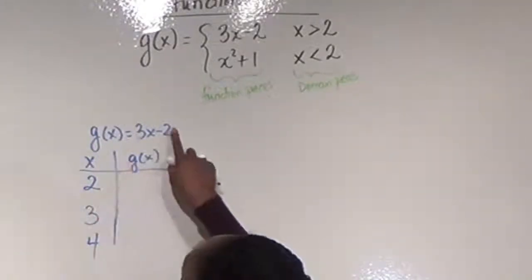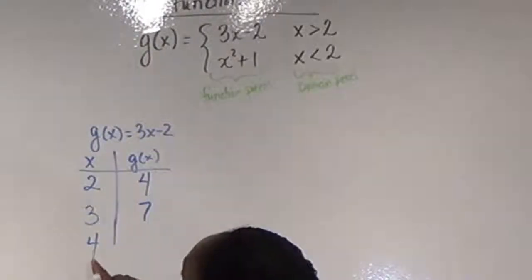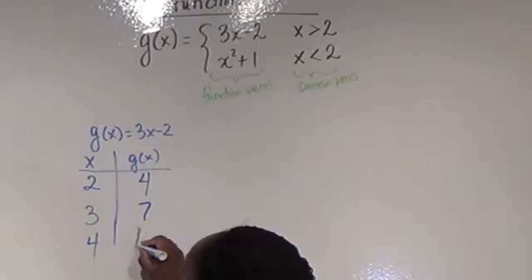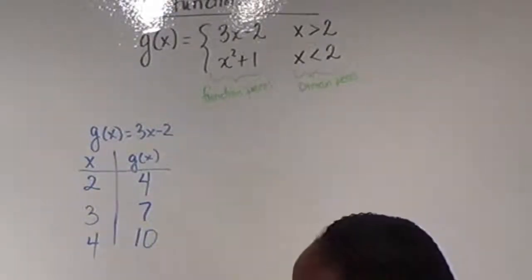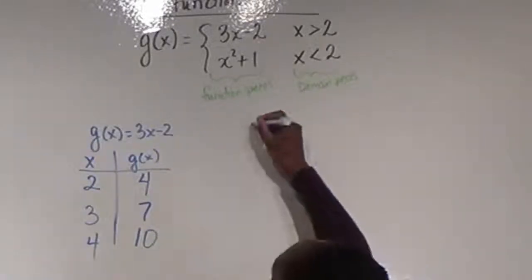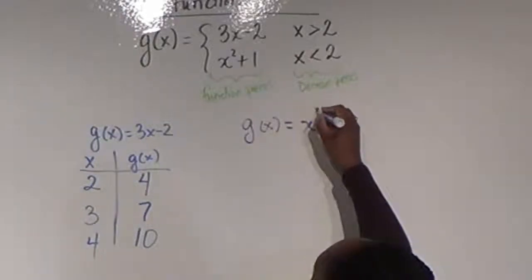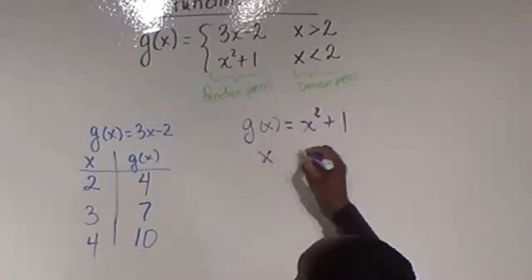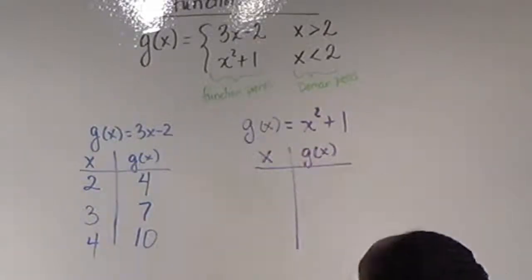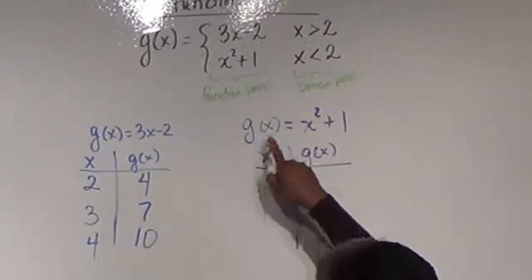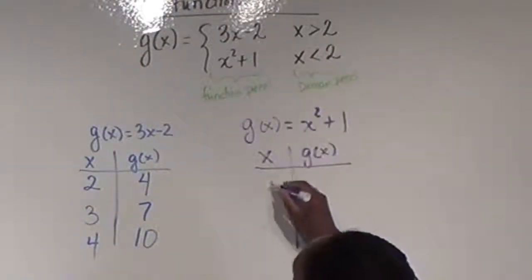At 2, we can see we get 6 minus 2, which is 4. At 3, 9 minus 2, which is 7. And at 4, we get 12 minus 2, which is 10. So I'll be able to graph that piece of the function. Then I'm going to do the same thing with the other piece. So here, for x squared plus 1, I want them when they're less than 2.